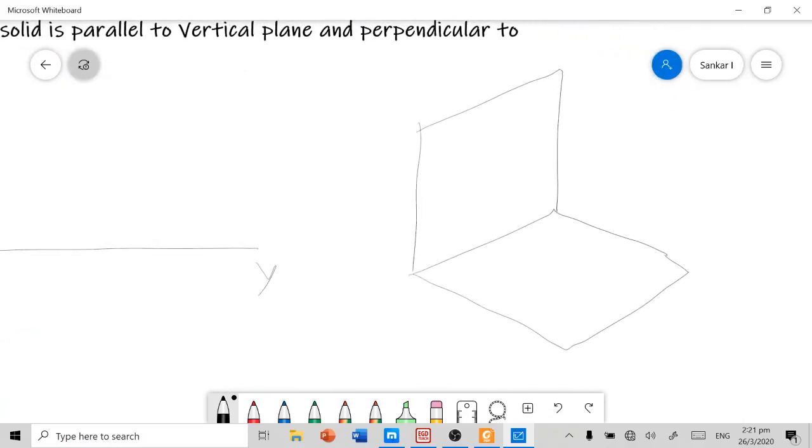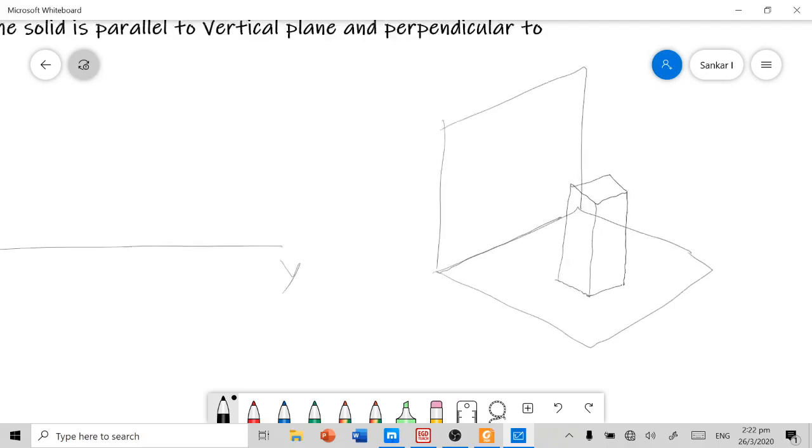Our solid square prism is simply placed on the horizontal plane by its base. The dimensions are base side 40 mm, axis height 60 mm, resting on the horizontal plane by its base. And this is your reference line XY.